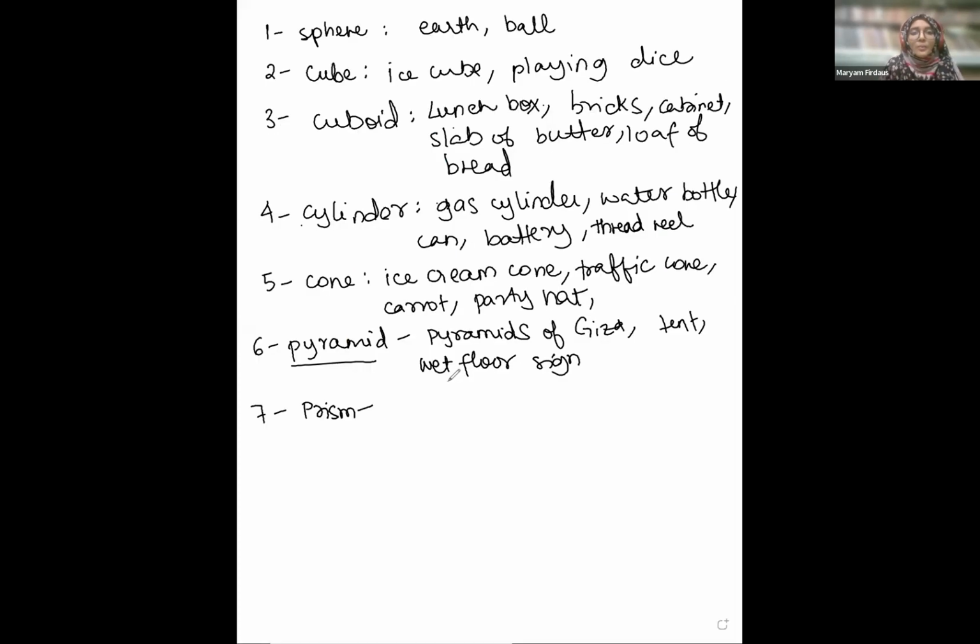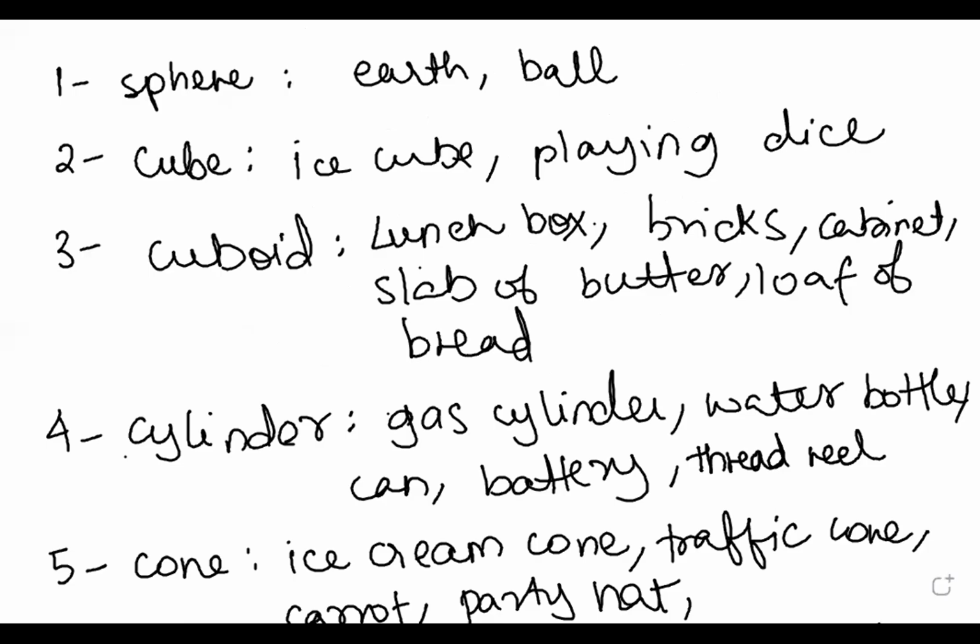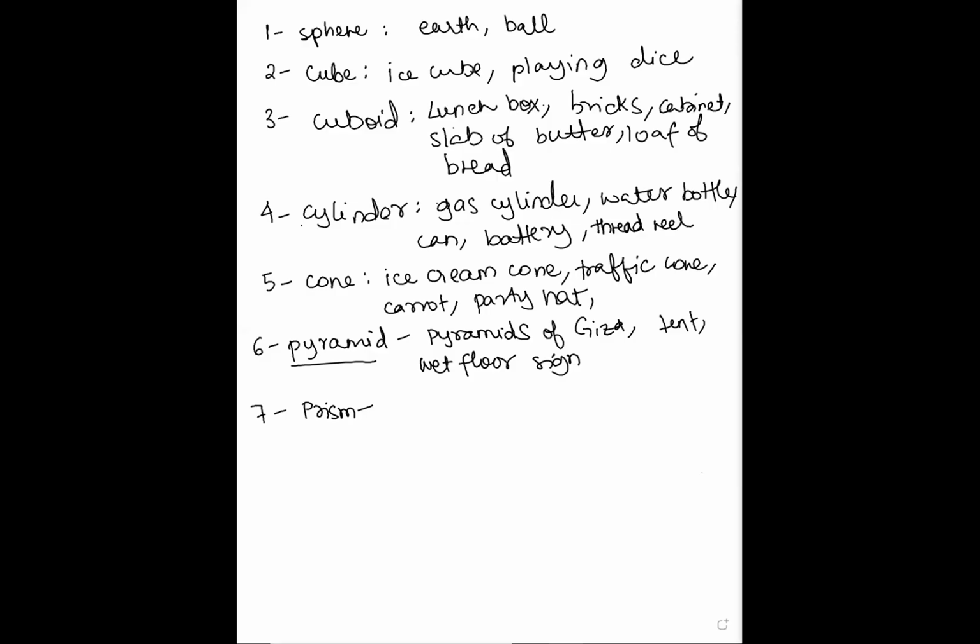Any example of a prism in real life? Examples of prisms, like where have you seen the shape of a prism?